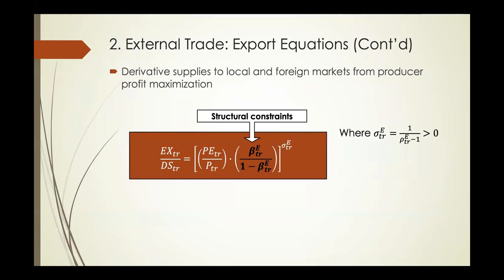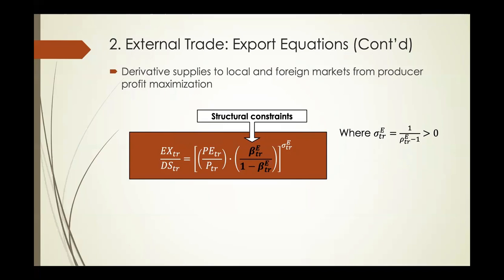The producer's profit maximization problem determines the supply to foreign market or export, EX, and the supply to local market, DS. The supply to foreign market, EX, relative to the supply to domestic market, DS, is determined by three elements. The first element is the shares, the initial share of foreign market relative to the initial share of local markets.